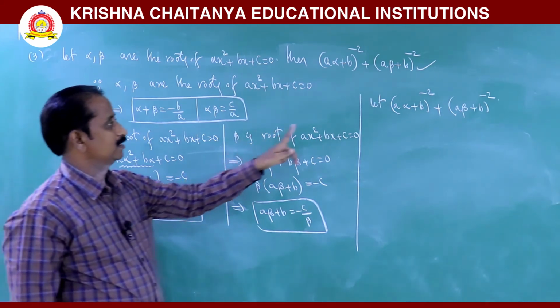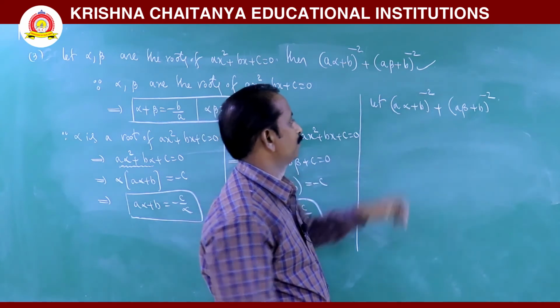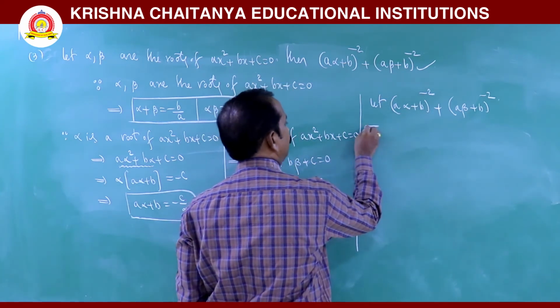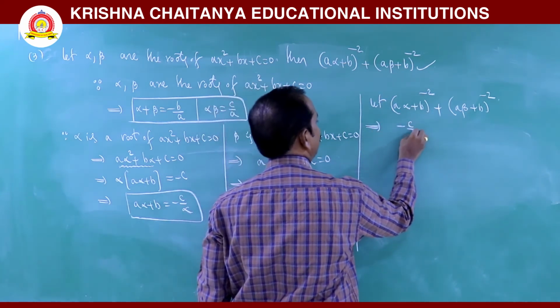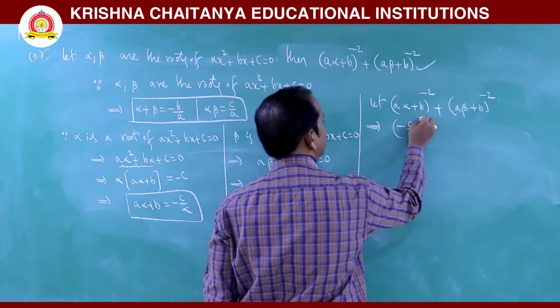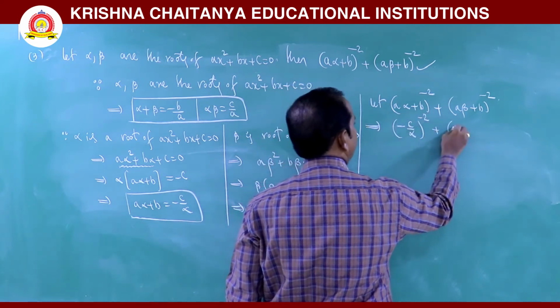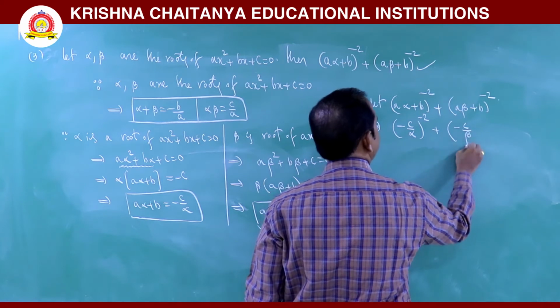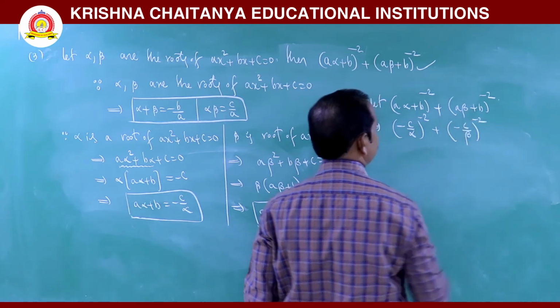So (minus c by alpha) whole power minus 2 plus (minus c by beta) whole power minus 2.